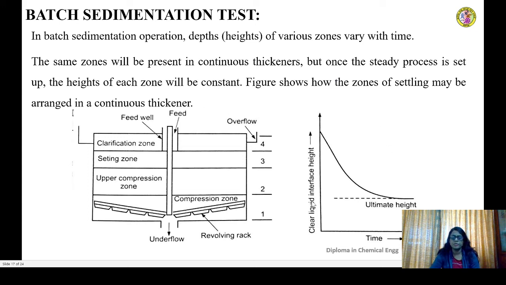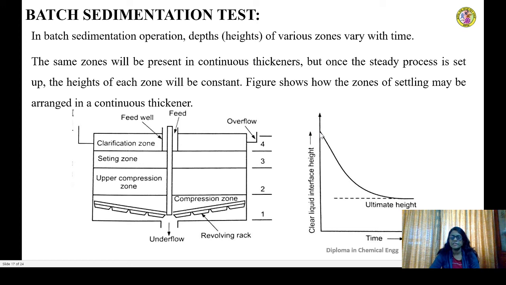This diagram shows how the clear liquid interface, meaning the height of the clear liquid, will vary with time in a batch settling operation. Initially, since you have the uniform concentration of the original slurry, the height is 0.